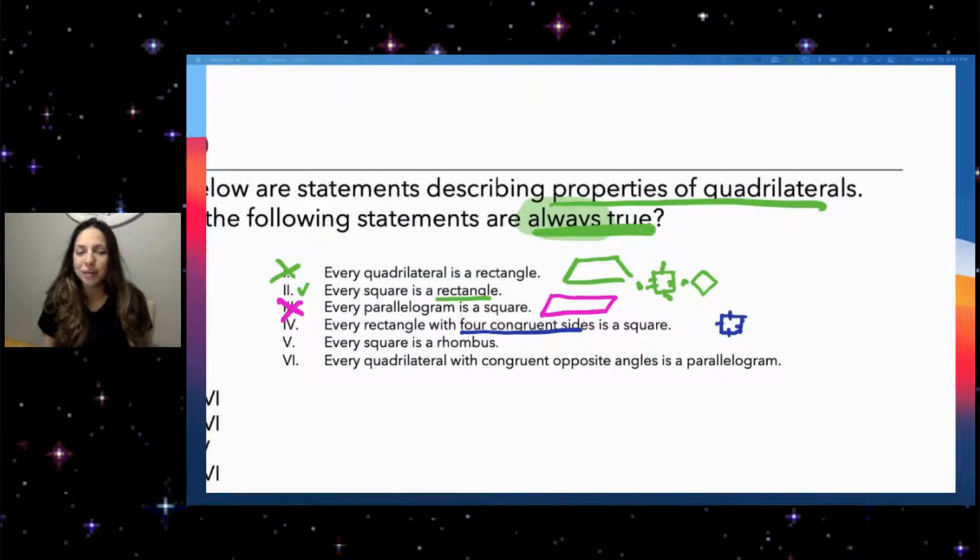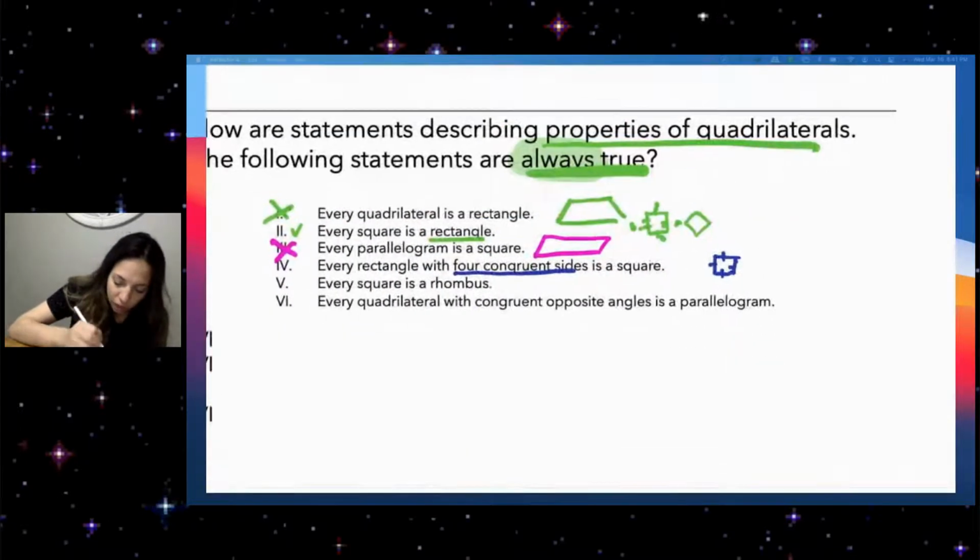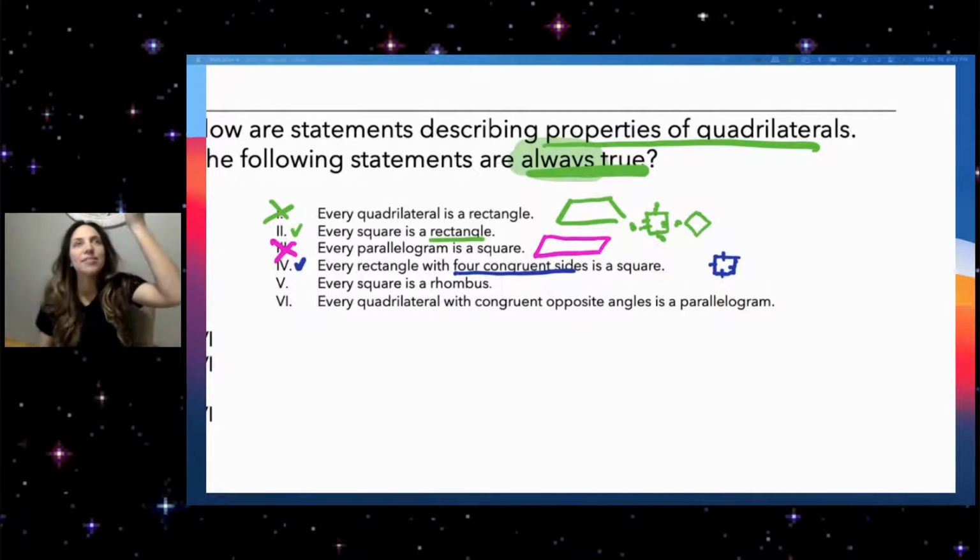This one's hard to think about. Every rectangle that has 4 congruent sides is a square. Yes, that is true. How do I know that? Because if it's a rectangle, it has the 90-degree angles that a square needs to have.